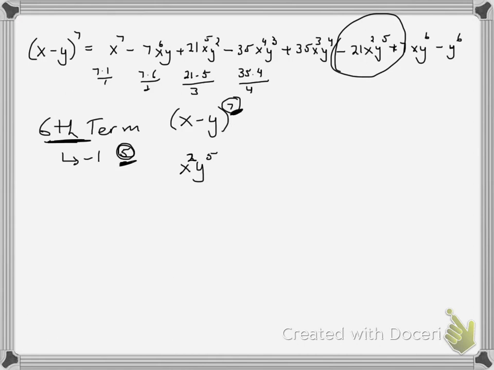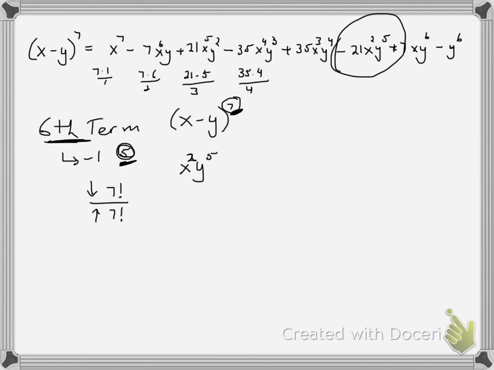And then the numerical part is going to be dealing with the factorial. So I'm going to take 7 factorial going down and 7 factorial going up, but I don't want the entire thing. I only want 5 terms.